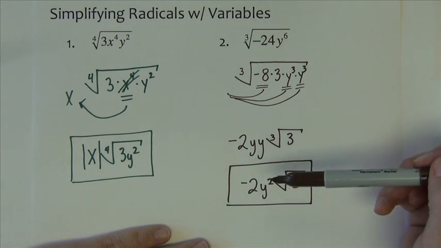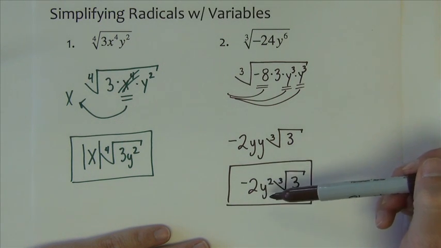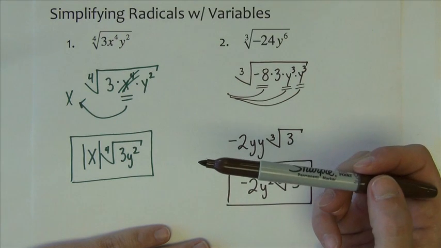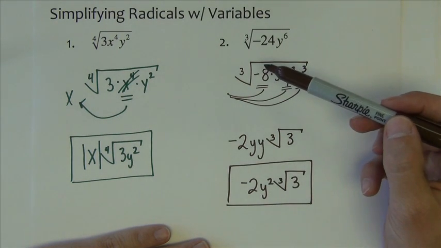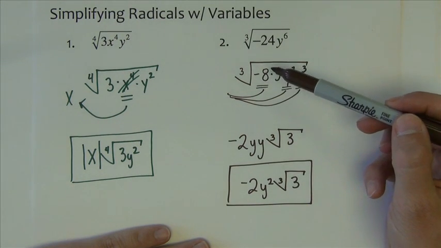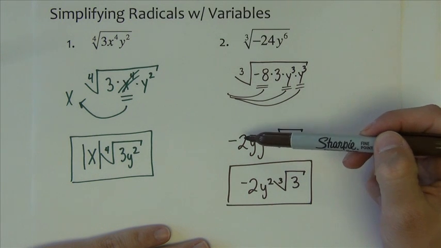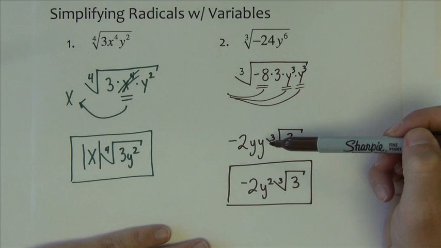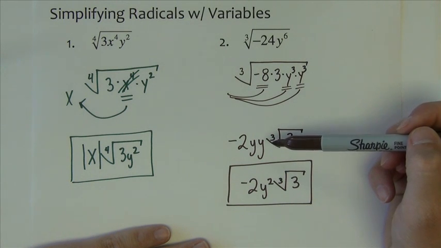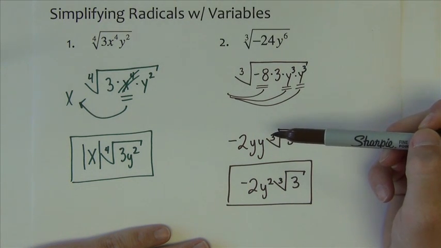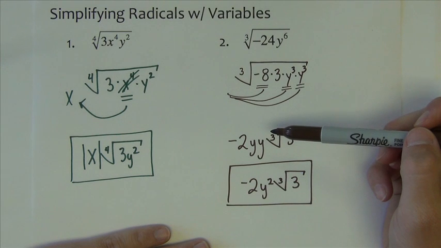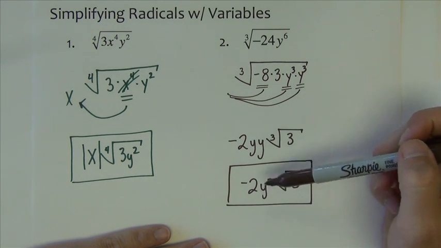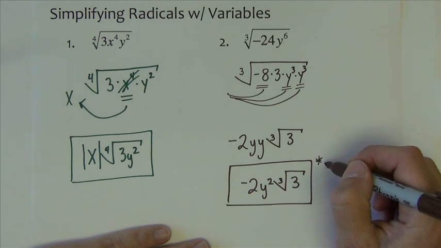Now real quick, notice that I didn't put absolute value bars around this variable like I did over here. A couple things about the absolute value bars. One, notice above on this cube root, I could cube root the negative number. It was a negative number itself. So when we're dealing with odd radicals, like cube roots and fifth roots, and if you happen to see seventh roots, since we can cube root, fifth root, etc., negative numbers, absolute value bars never are necessary.